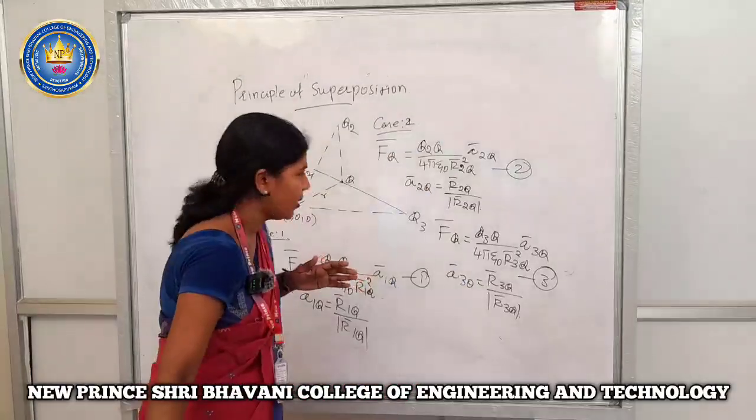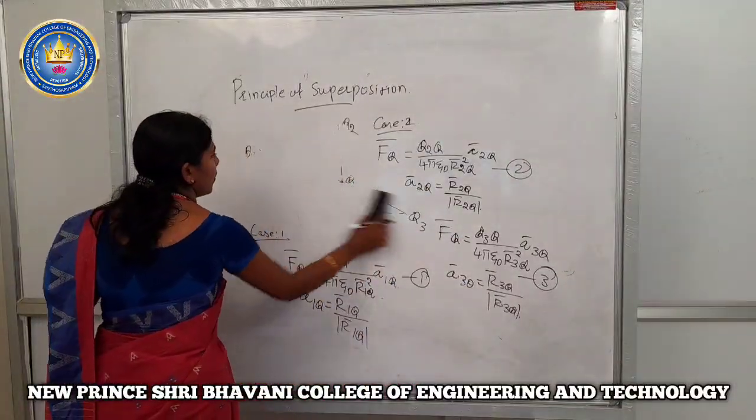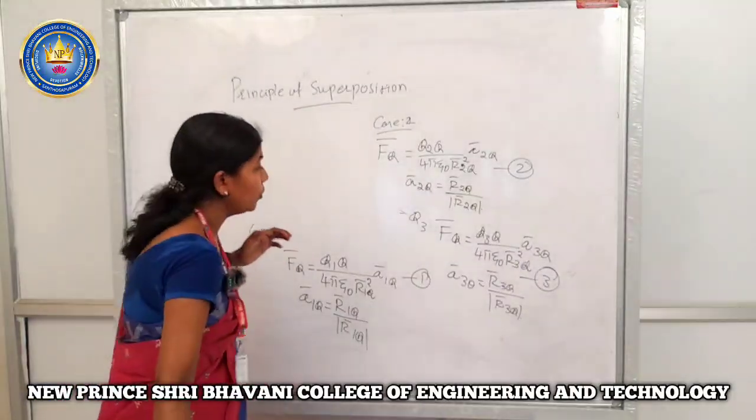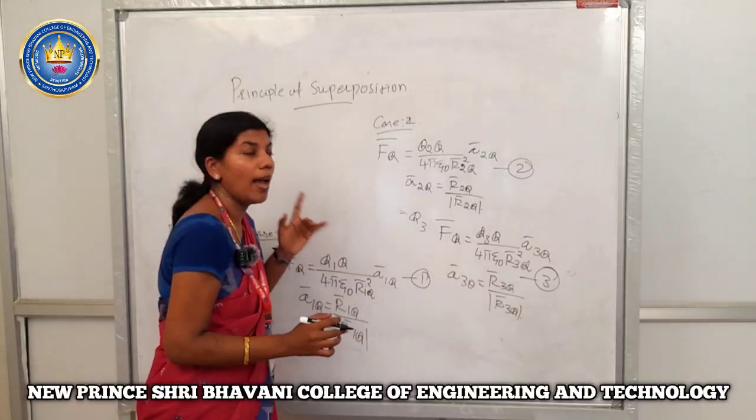Adding all those equations, we get the total force on Q due to Q1, Q2 and Q3.